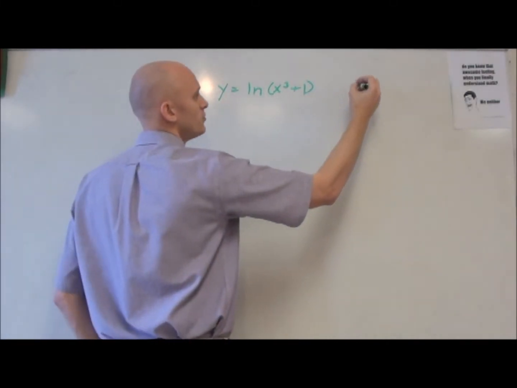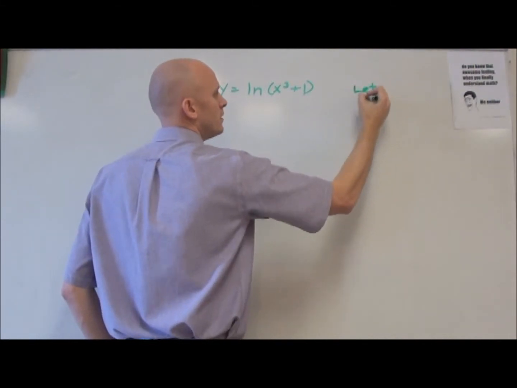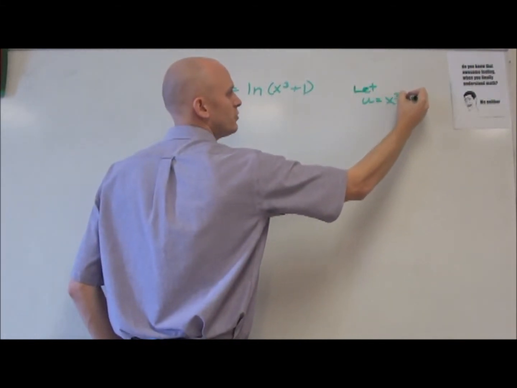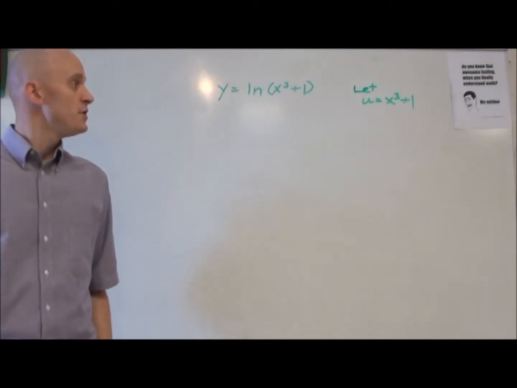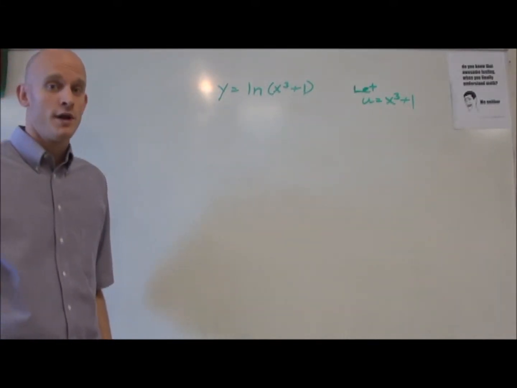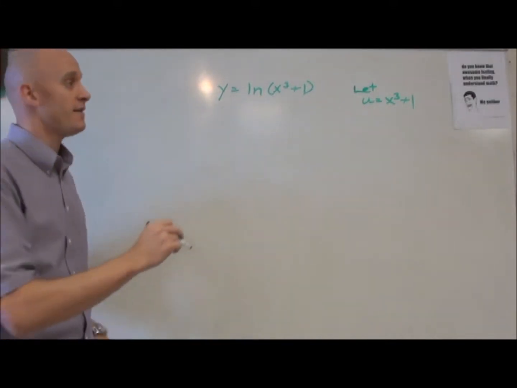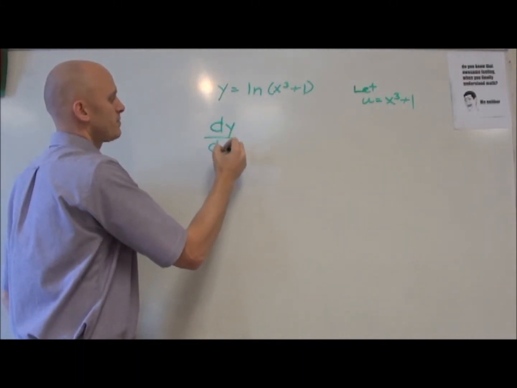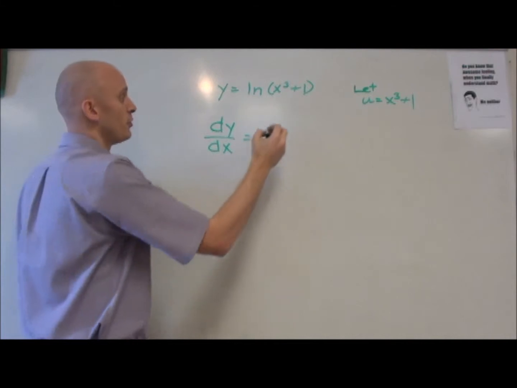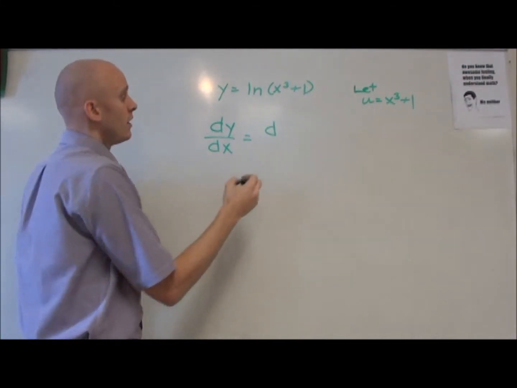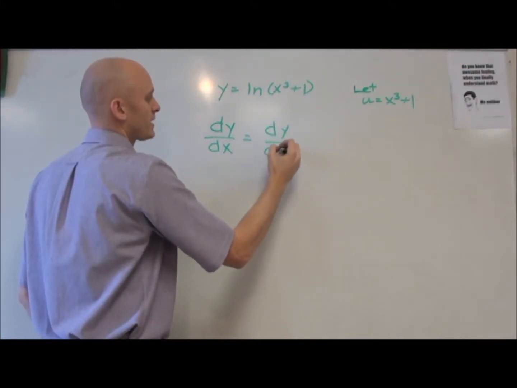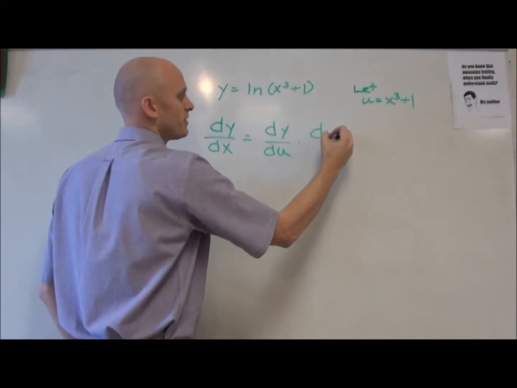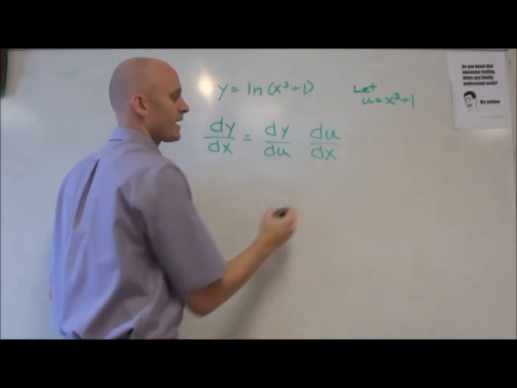So if I let u equal x cubed plus 1, if u is x cubed plus 1, we can go ahead and simplify this. So the derivative of y with respect to x, using the chain rule, would be the derivative of y with respect to u multiplied by the derivative of u with respect to x.